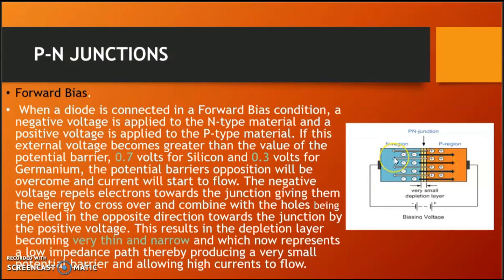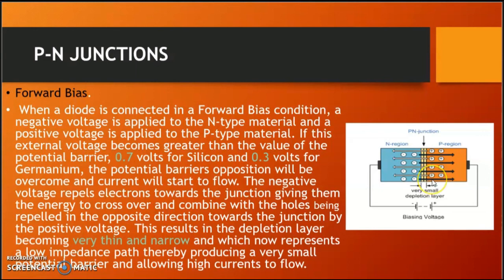So these majority carriers in the N type will now cross to fill vacancies of the holes, and the holes will cross to come and form. So this will cause a narrowing inside the depletion layer here. So from this diagram, you see the depletion layer here is very small because the charges there are able to cross over for current to flow. So this is forward bias.